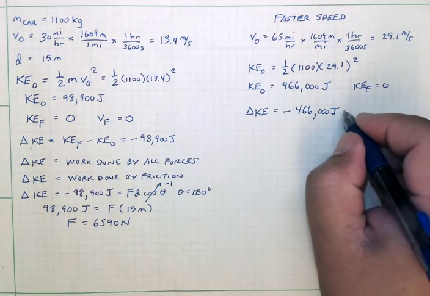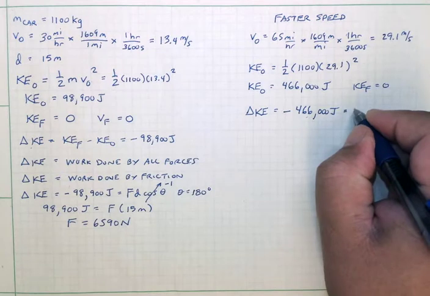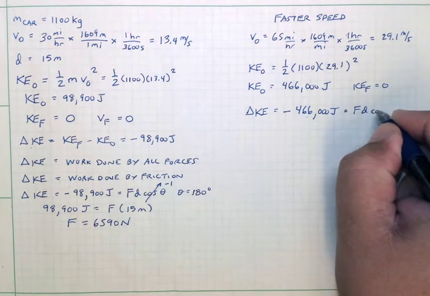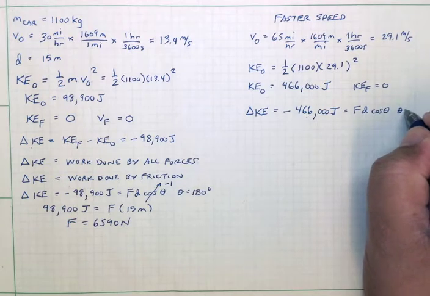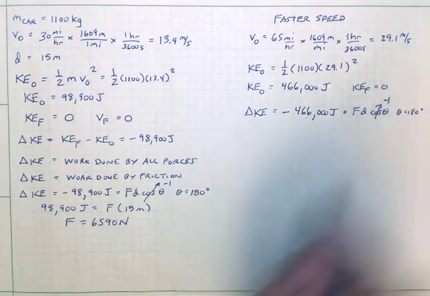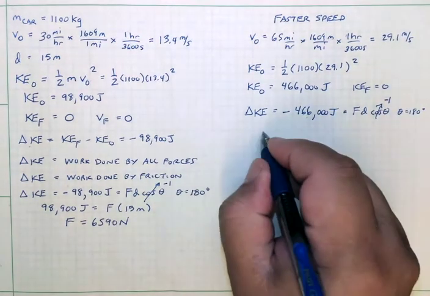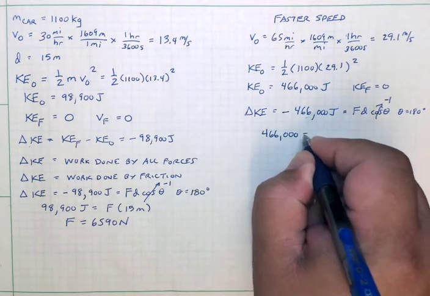That's going to be equal to the work done by friction. So that's going to be, once again, F D cosine theta. Once again, theta is 180 degrees, so that cosine theta is -1. The negative signs cancel as they did before, and so we're left with this.